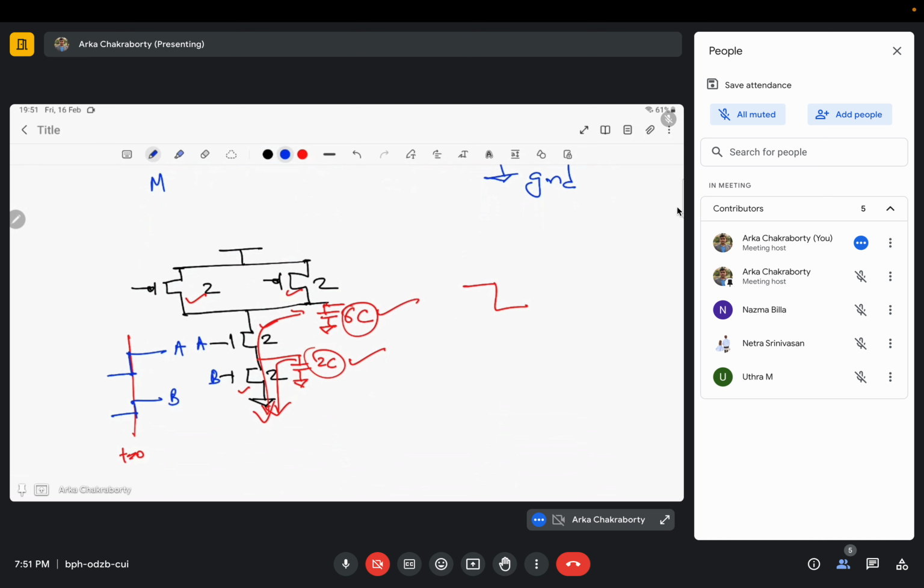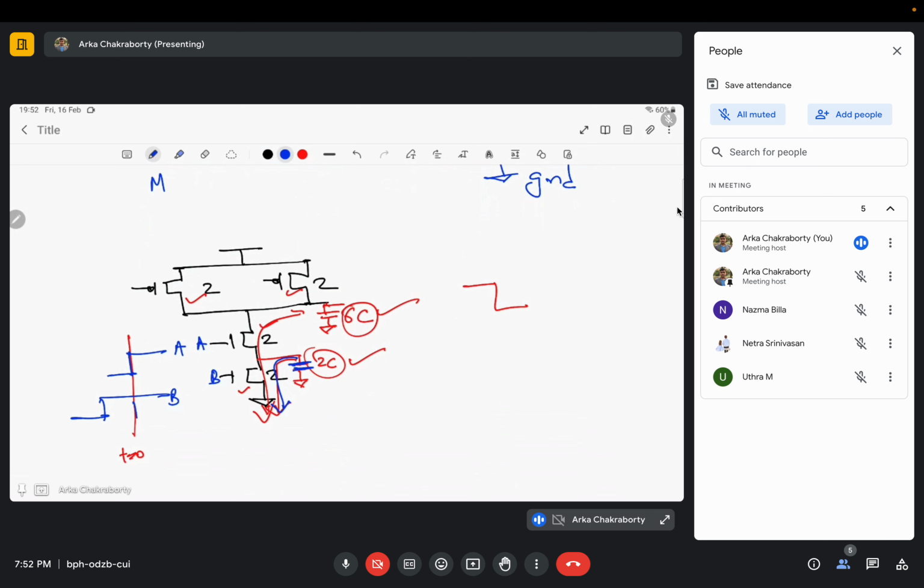Now let us consider a situation where B has been turned on much before A. What will happen? The charge that was present in 2C has already been discharged before A has arrived.